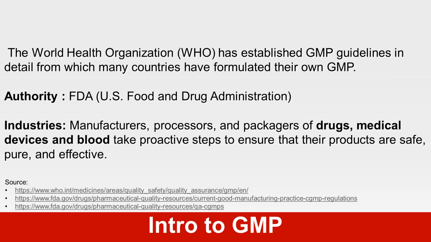As you may remember, good manufacturing practices was originally established by the World Health Organization. So the World Health Organization put together the standards, and many countries basically formulated it their own way. So in the United States, good manufacturing practices are managed by the FDA, the U.S. Food and Drug Administration, and there are different industries that are subject to good manufacturing practices.